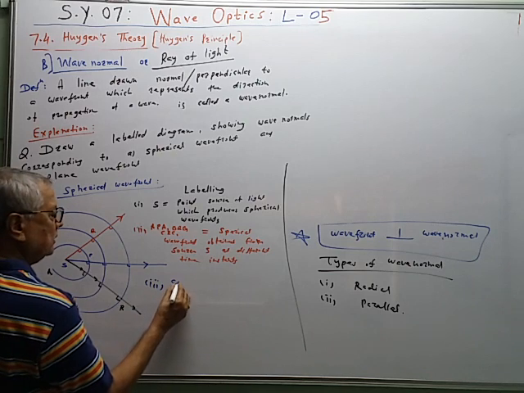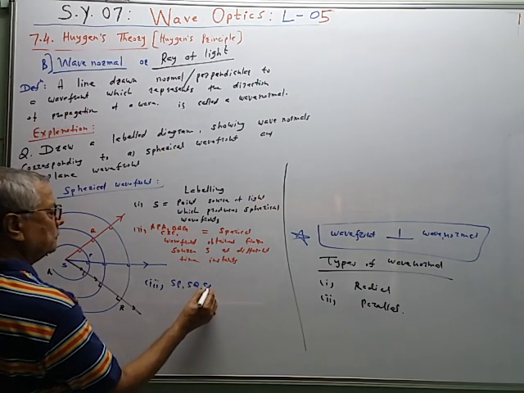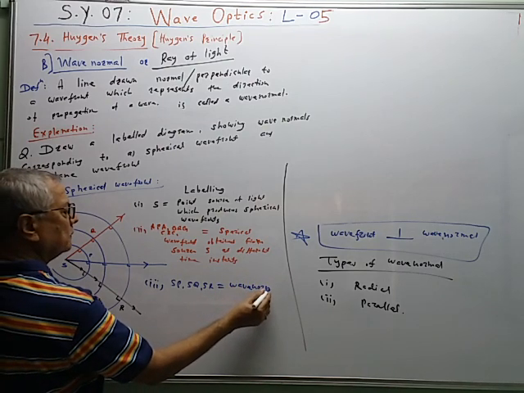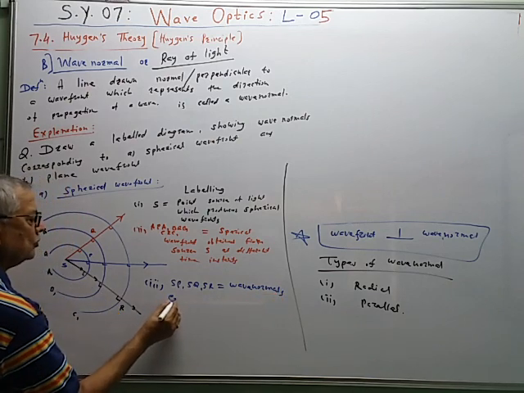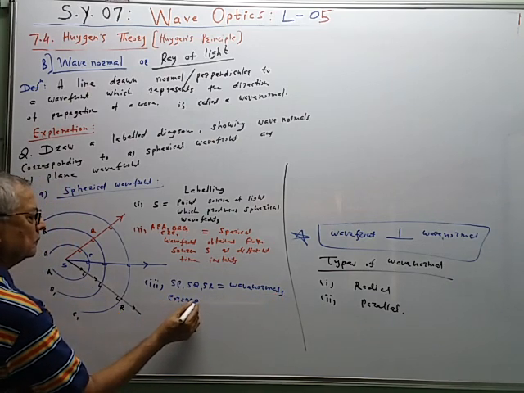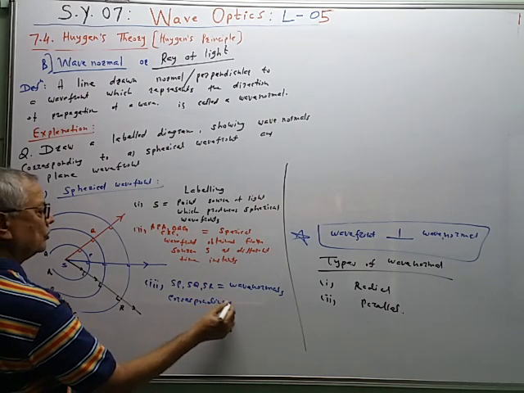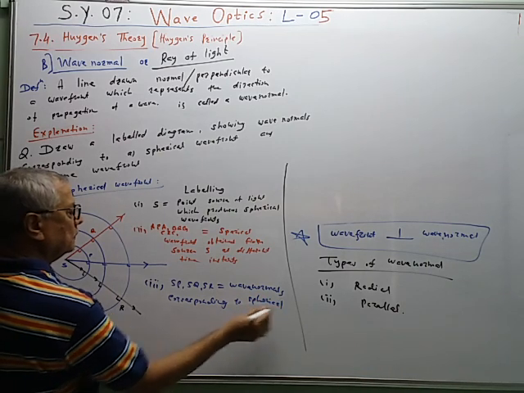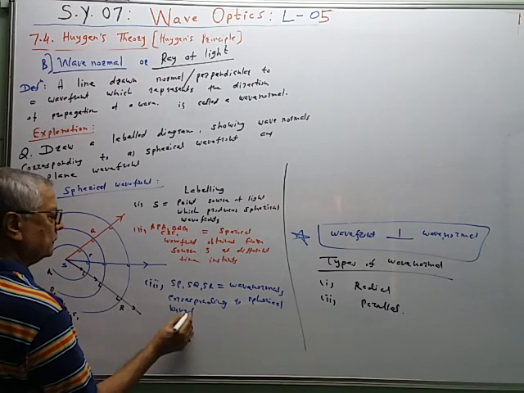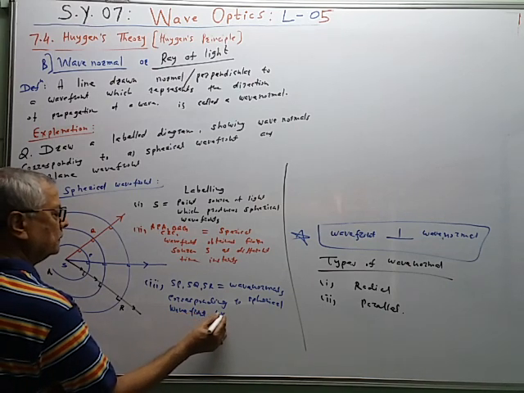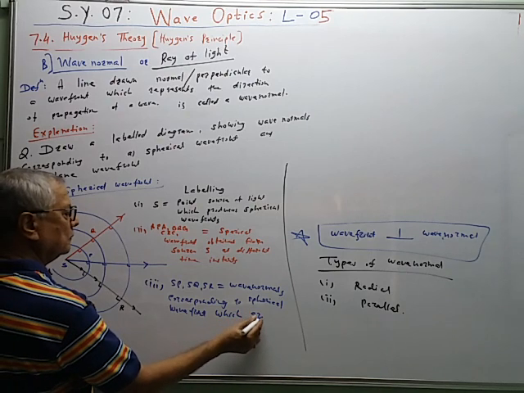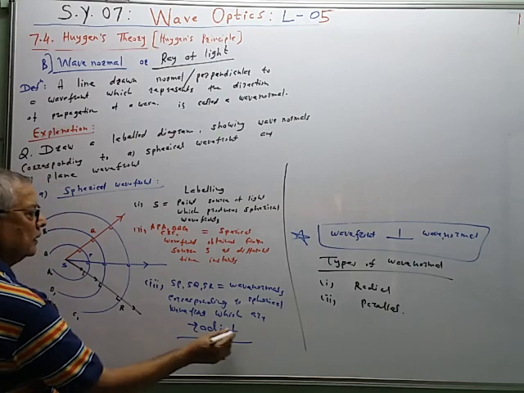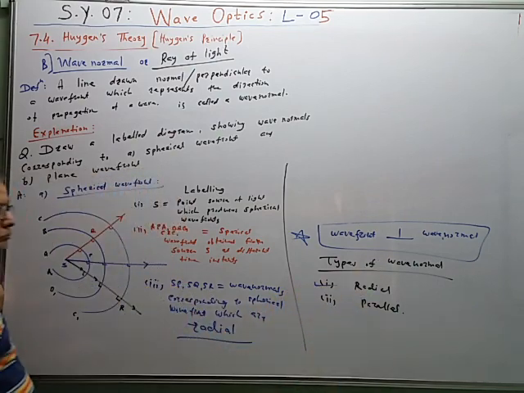Fourth, SP, SQ, SR are the wave normals corresponding to spherical wavefronts, which are radial.